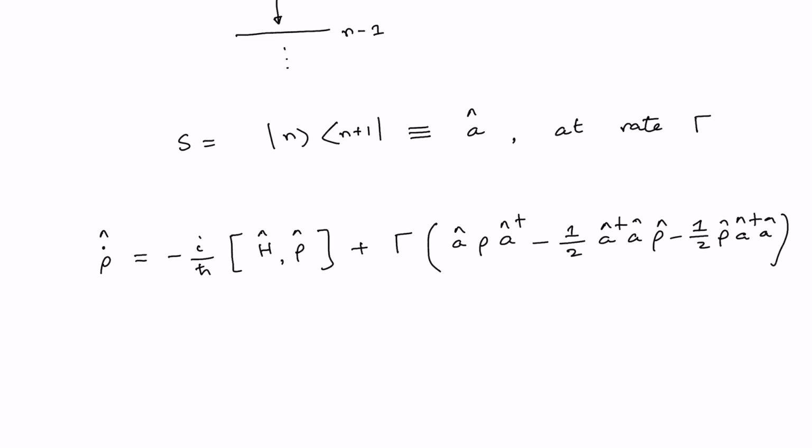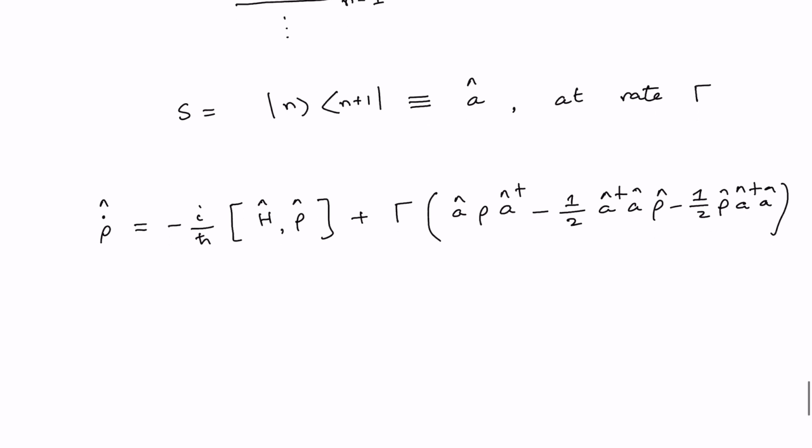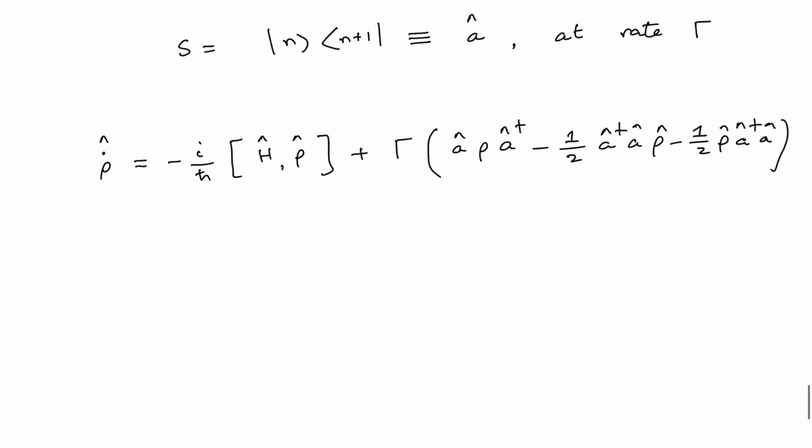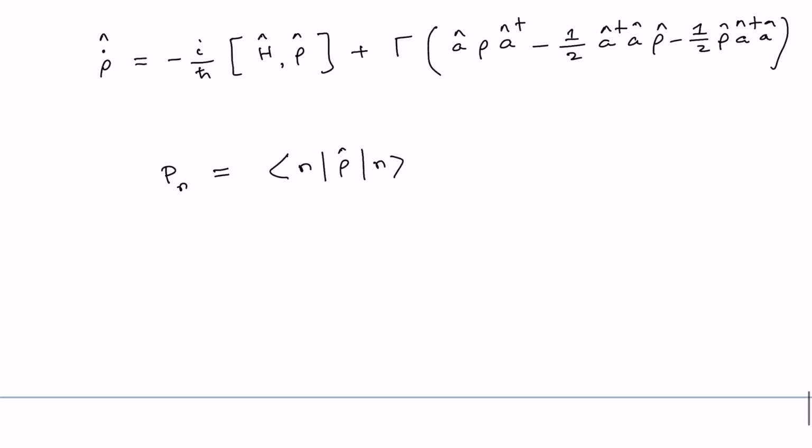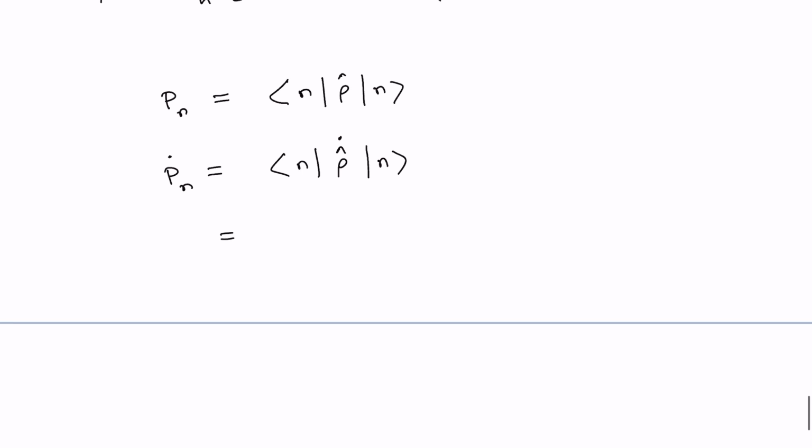Now let us see how the probability to find n quanta changes. The probability to have n quanta is given by the expectation value of the density operator in the number state, and if we are interested in the time rate of change of this probability, you just have to write it as the expectation of rho dot in state n. So you just have to put the Lindblad master equation here.